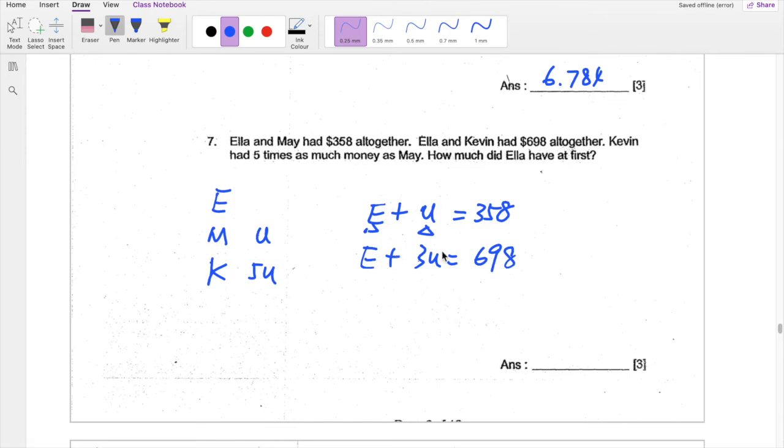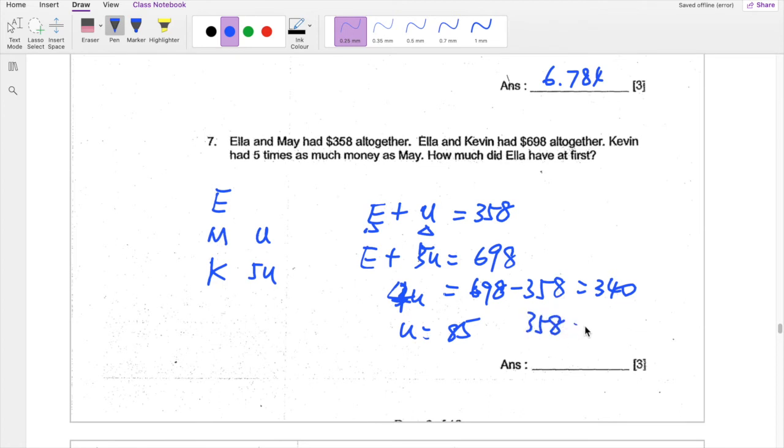If we subtract one from the other, 5u minus 1u is 4u, equal to 698 minus 358, which is 340. So u is 85. Then we can calculate Ayla: 358 minus 85 gives 273.